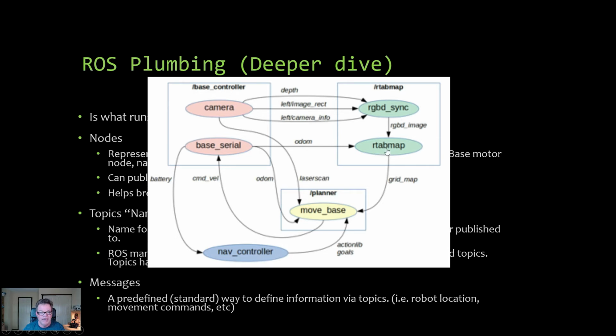This RTAB-Map node, as well as this move base, which is part of a navigation routine. The navigation routine needs to know where the base is, so by tracking or subscribing to the odometry, they can keep track of that and keep updating the plan for how the robot gets from one place to another.